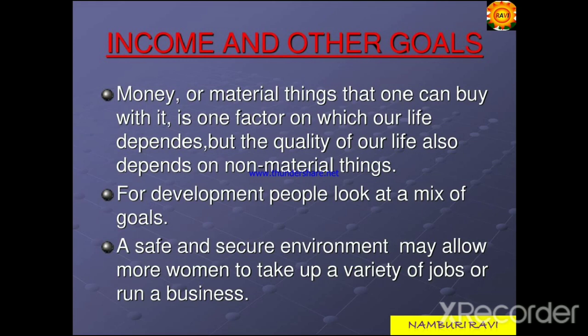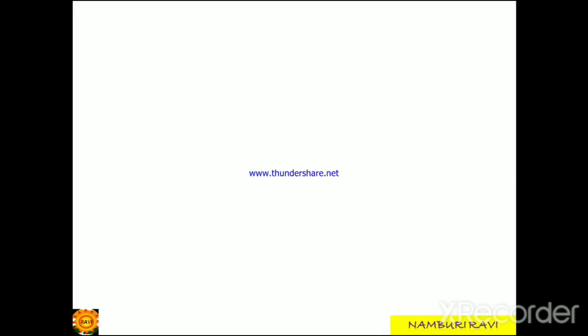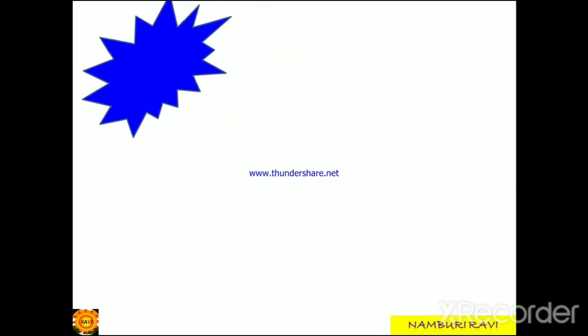For development, people look at a mix of goals. A safe and secure environment may allow more women to take up a variety of jobs or run a business. These are the different developmental goals in society, because we cannot say that only income is the main factor under developmental goals.